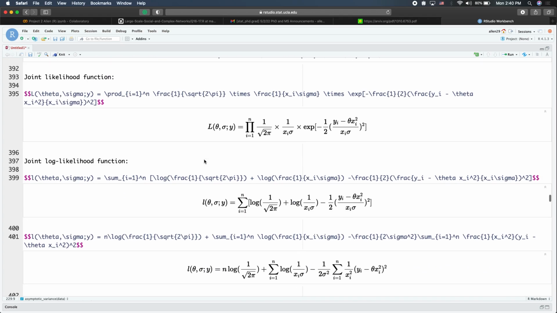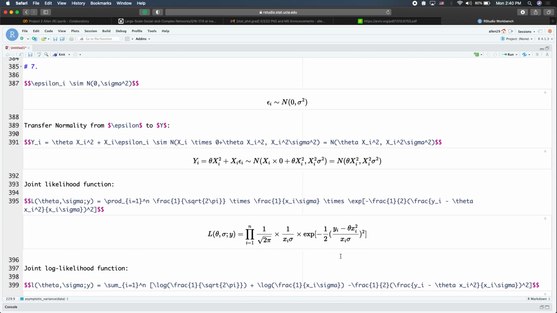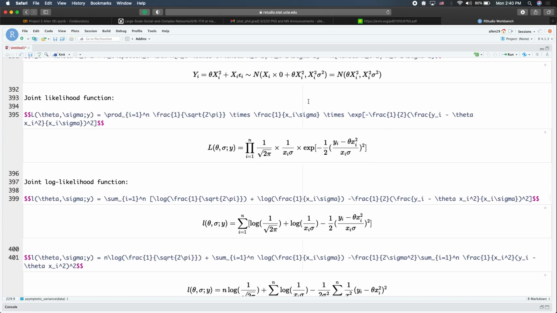Okay, once we have that, construct the likelihood function. We have an independence assumption, so the product from 1 to n of the normal distribution, where yi minus the mean is over the square root of the variance. And under that, take the log.